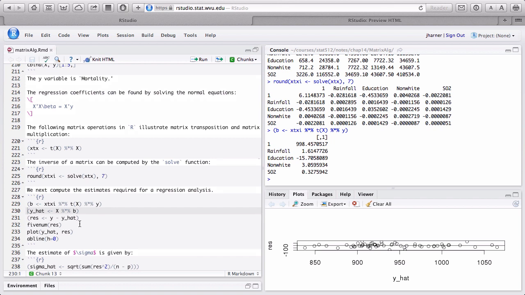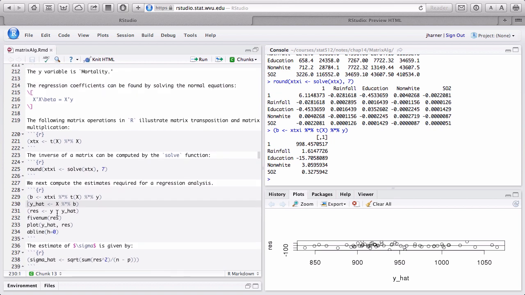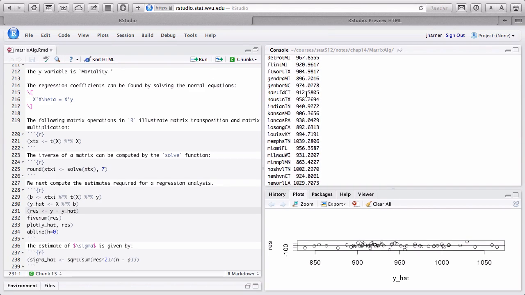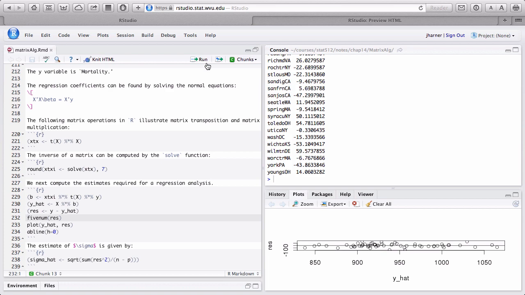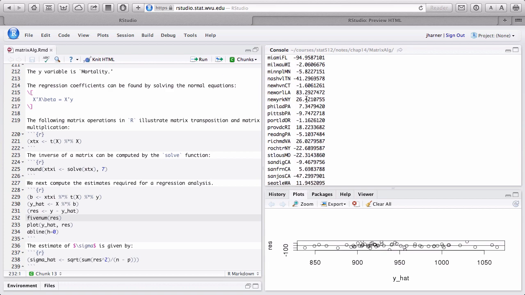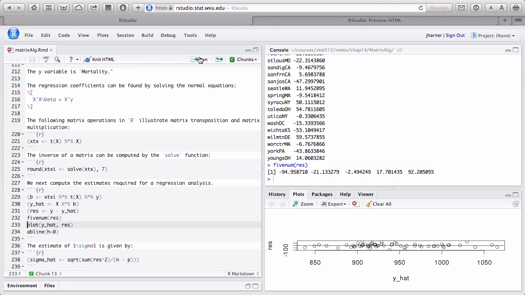Okay, so we have what B is. Let's get the predicted values. So Y hats are the predicted values. There are actually going to be 60 of those. So these are the predicted values, and here are the residuals. And I'm going to do a 5-number summary, which gives the min and the max.